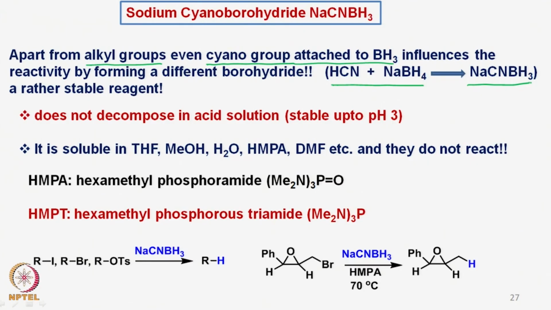But when we put a cyano group, which is an electron withdrawing group, obviously it reduces the nucleophilic nature of the borohydride part, that is, in this particular case BH3 is much less nucleophilic than in the sodium borohydride case.